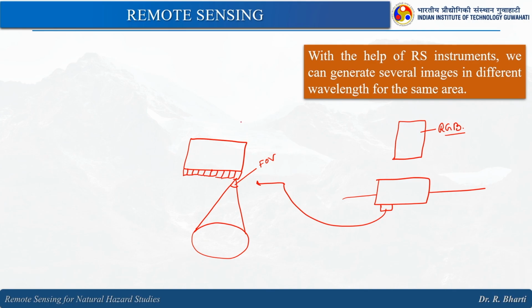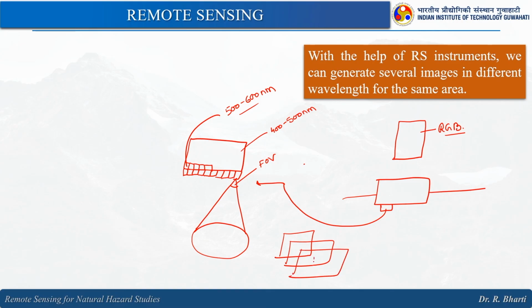We can have one detector in the range of 400 to 500 nanometer, and another set of detectors in the same sensor that is sensitive in 500 to 600 nanometer. Likewise, you will have one image from 400 to 500, then 500 to 600, then 600 to 700, 700 to 800 nanometer, like that 1, 2, 3, 4, and this can be extended till microwave.